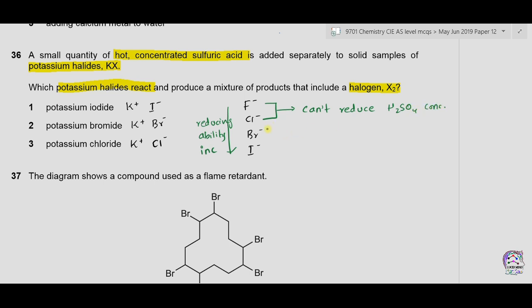Br- can reduce sulfuric acid, and it can form sulfur dioxide, and Br- is itself oxidized to bromine.